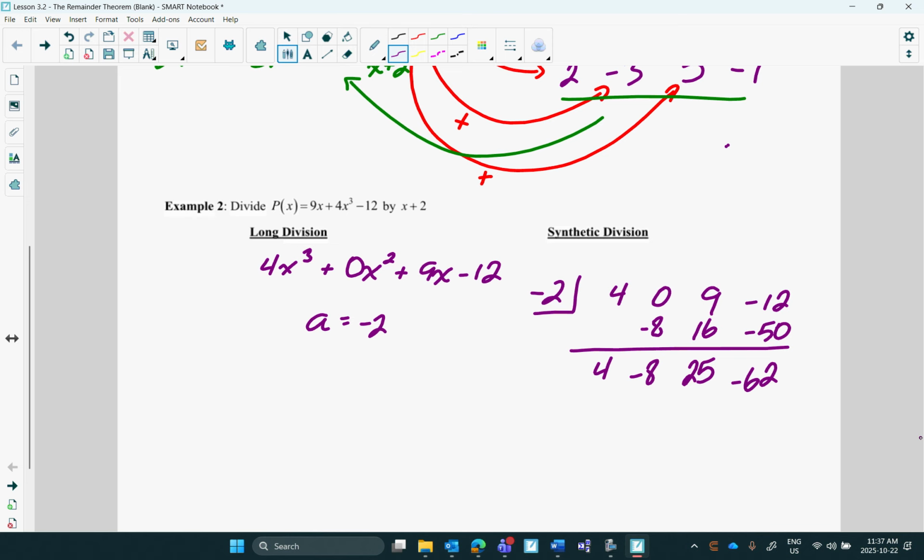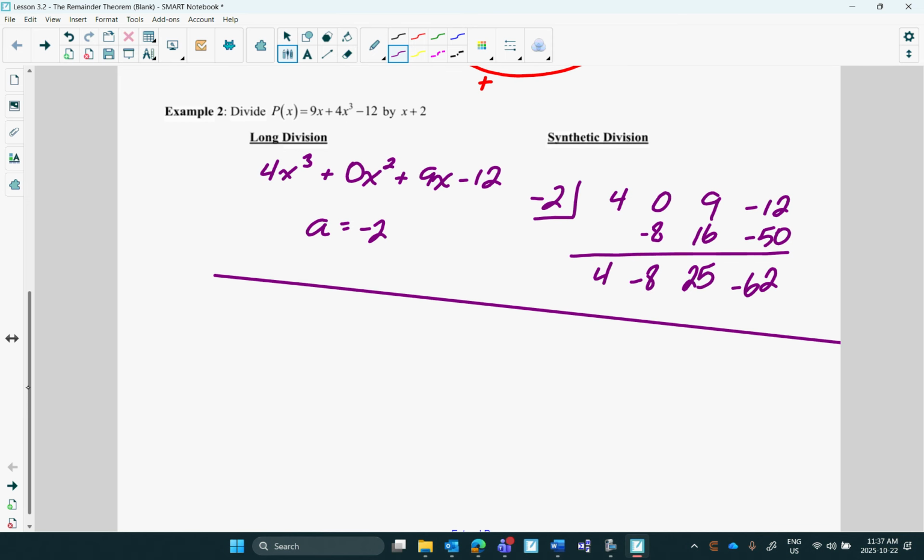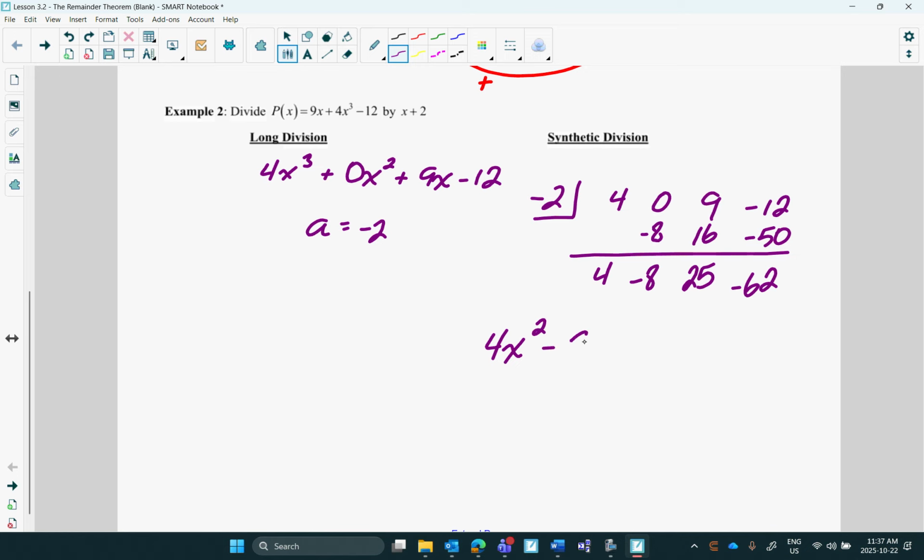So how would I write my final answer? It would be, starting with this one, 4x squared, 1 less than the highest, minus x plus 25, and then minus the remainder over what we divided by.